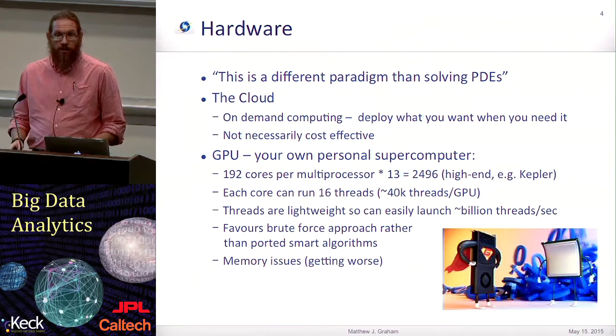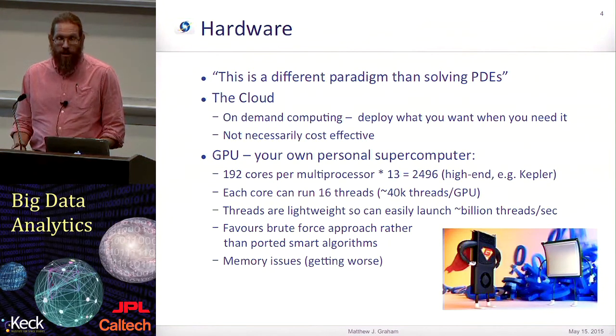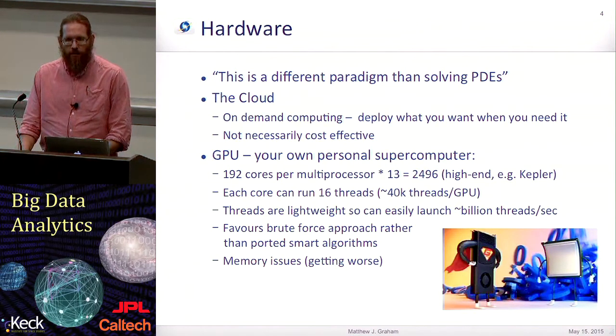Another option you may want to consider is that the size of your computation is larger than what you may have available on your desktop, but within the realms of what you can do with a graphical processing unit, a GPU. Every computer these days has at least one GPU in it, normally on the graphics card running your gaming graphics, but you can easily use them for your own computations.